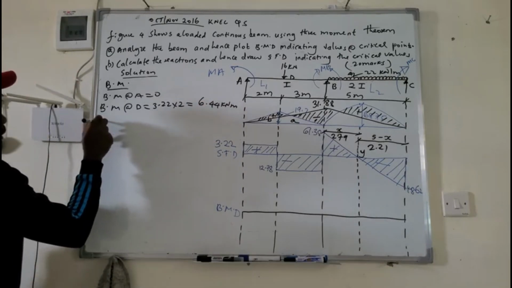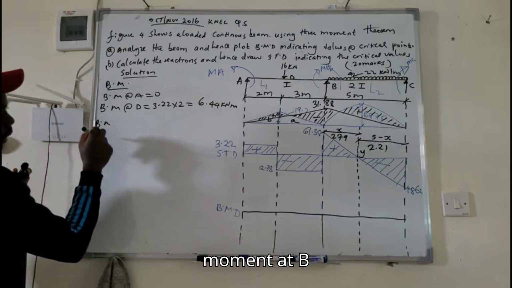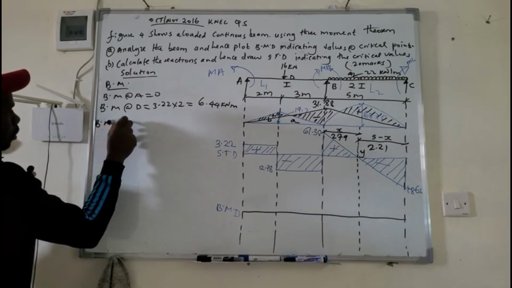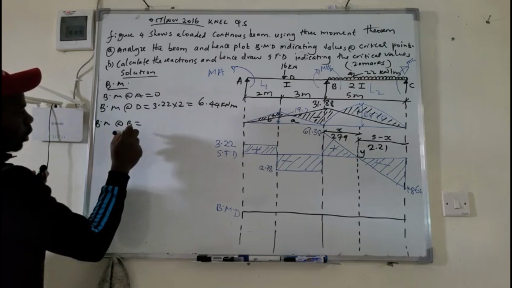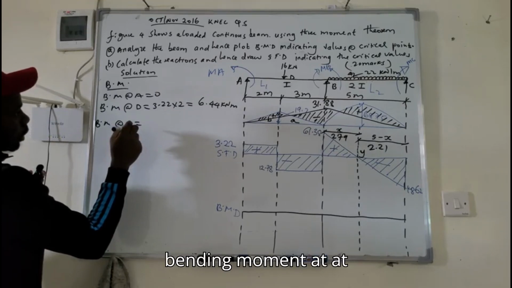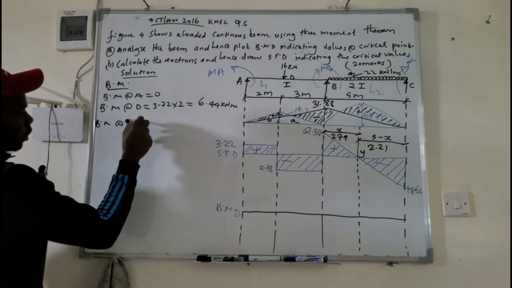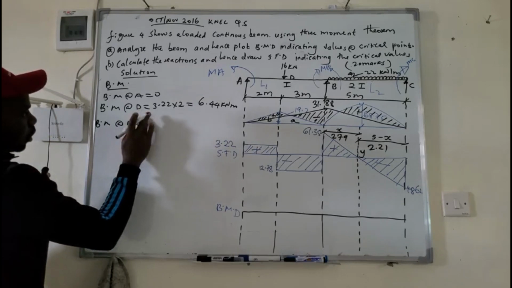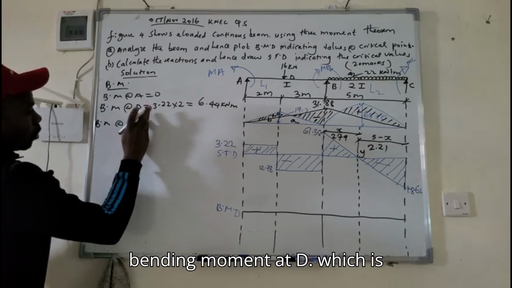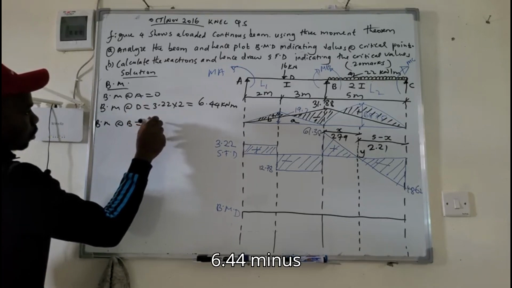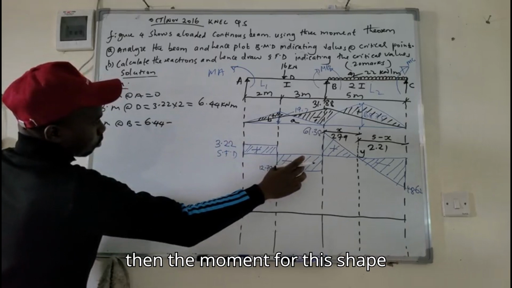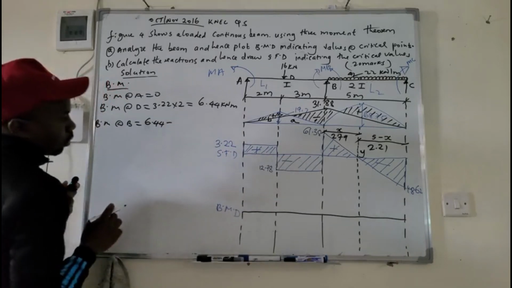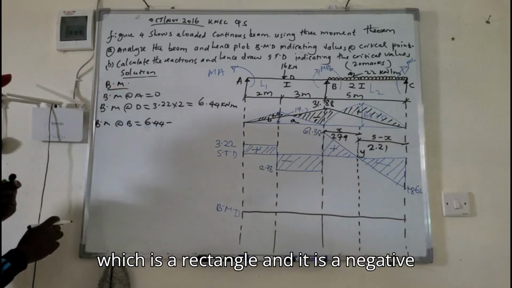So bending moment at B will be the bending moment at D, which is 6.44, minus the bending moment for this shape, which is a rectangle and it is negative.